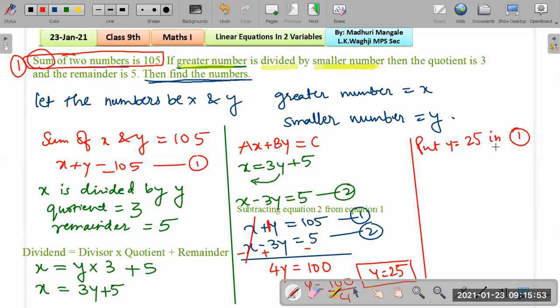Equation 1 is x plus y equals 105. Substitute the value of y over here and you'll get the value of x, right? And then you need to write it as the solution. So for the solution, always write x first and then y.